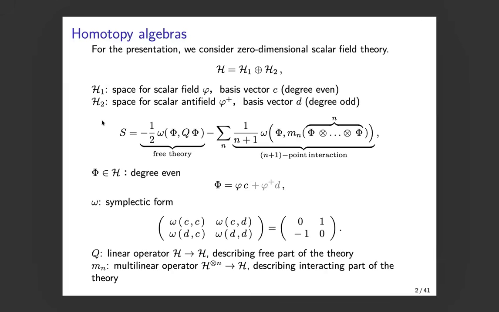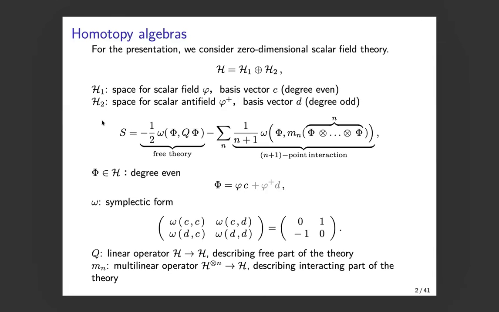H1 is the space for scalar fields, and we denote its basis vector by C, and we take this C to have even degree. And H2 is the space for the anti-field phi plus, whose basis vector is D, which has odd degree.